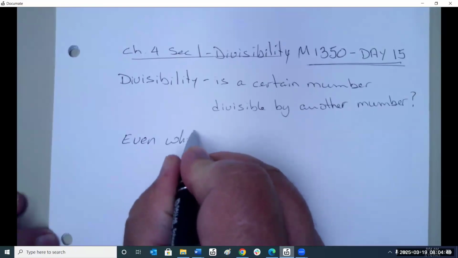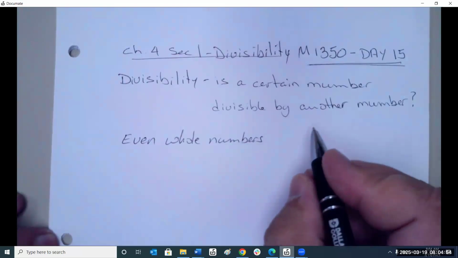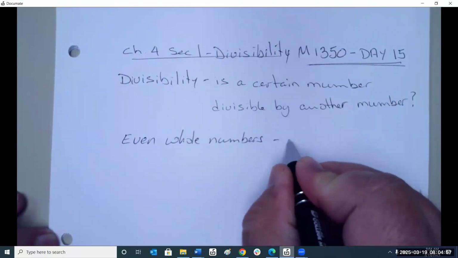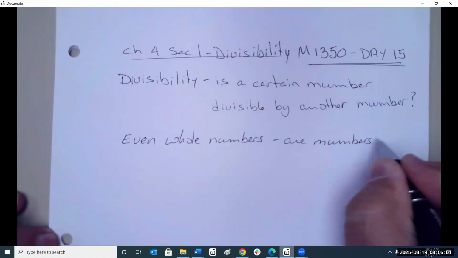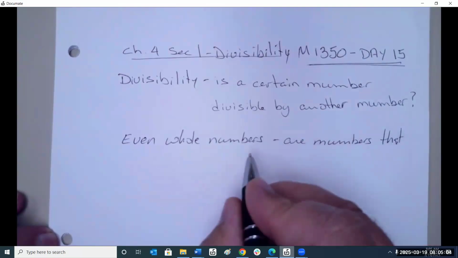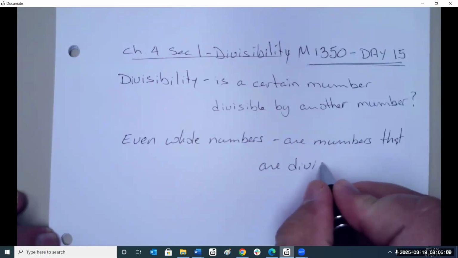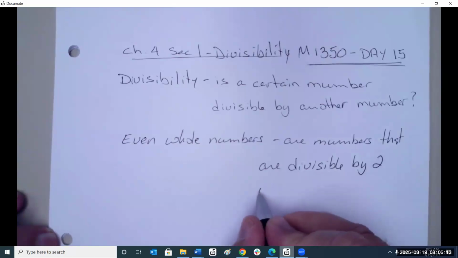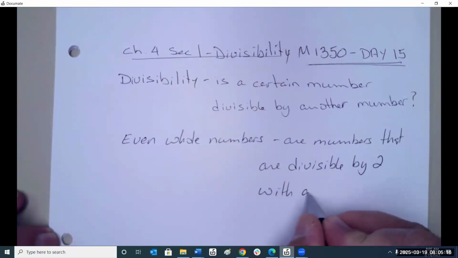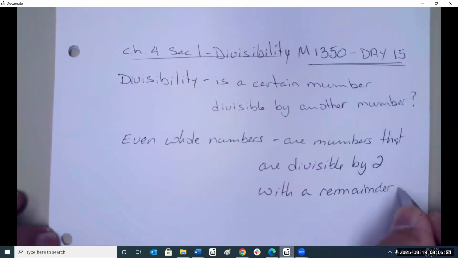Even whole numbers are numbers that are divisible by 2 with a remainder of 0.